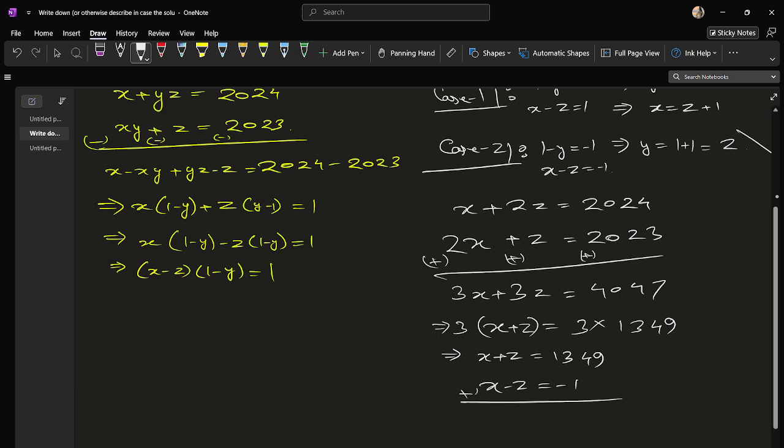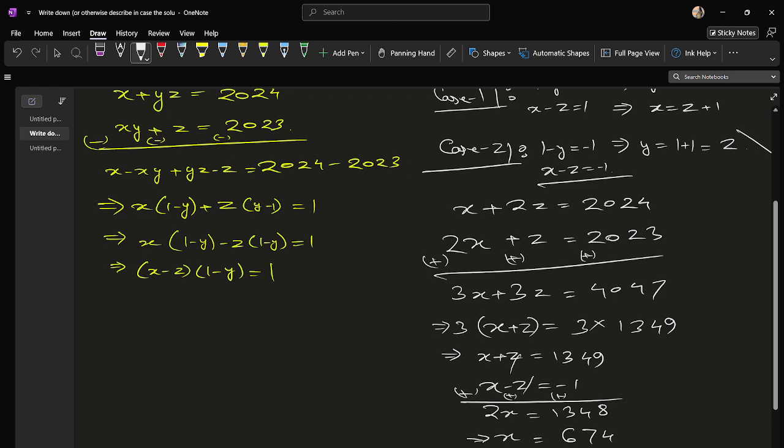If we add these two, our z will be cancelled out, so we will get 2x equals 1348. Our x will be exactly half of this, that will be 674.